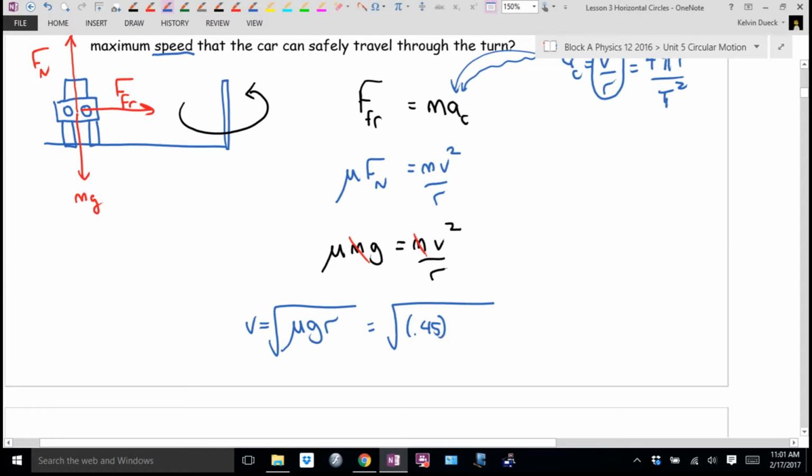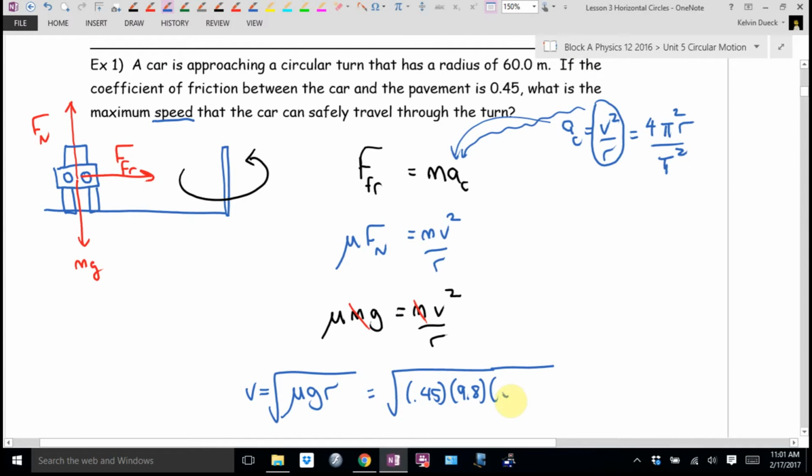And if you're wondering, you've all seen when you approach a corner, there's always a road sign with a speed limit. This is how they calculate it, although I expect they also build in a big safety margin. 9.8, because it has to be able to work in all weather. And so the coefficient of friction would change when it's raining. They don't want you to wipe out when it's raining. What was the radius? 60?